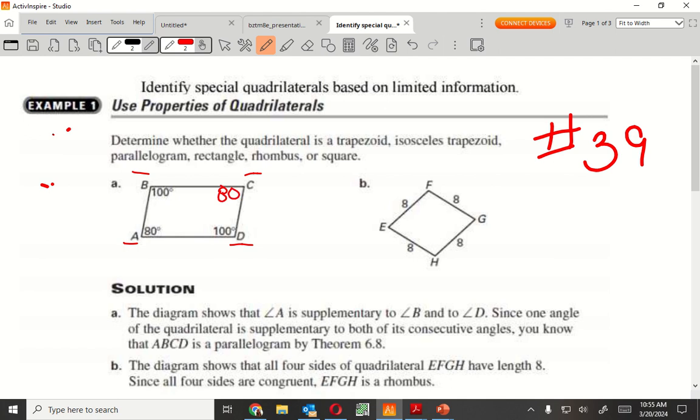Given that much information, this is parallel to the bottom, and this is parallel to this side. So this one has 2 sets of parallel sides, not just one. So can it be a trapezoid? No.